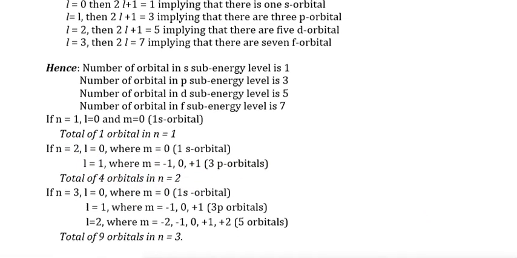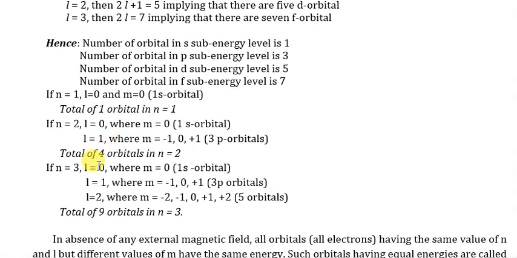Lakini if n is equal to 3, manake L can be 0, can be 1, can be 2, because the value of L inaanzia 0 to n minus 1, yani 3 kutoa 1 ambayo ni 2. So L is equal to 0, m itakuwa 0, 1s orbital. L is equal to 1, m itakuwa negative 1, 0, positive 1, 3p orbitals.